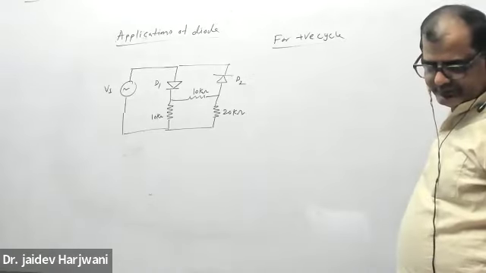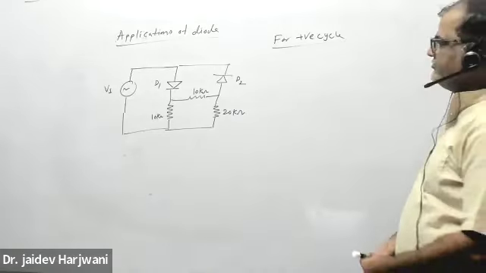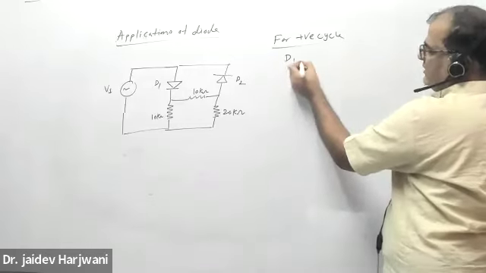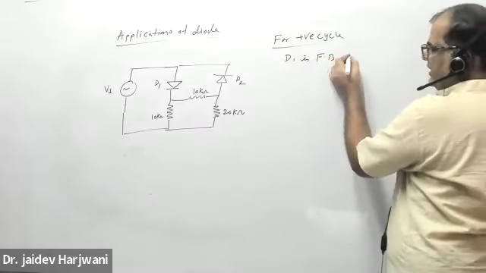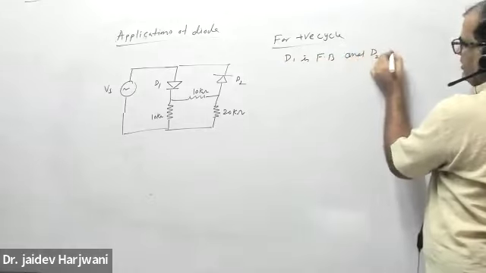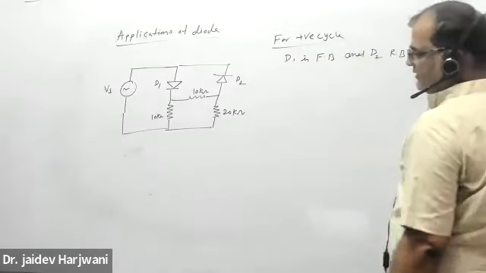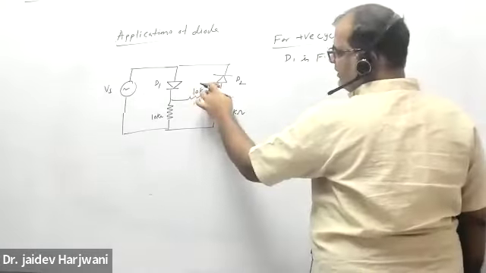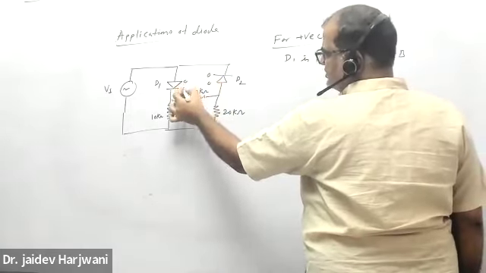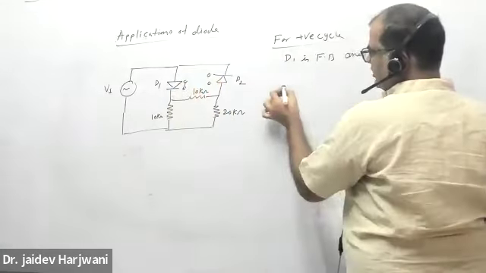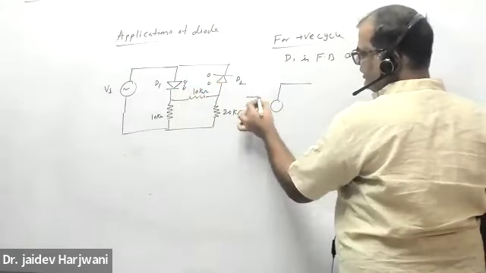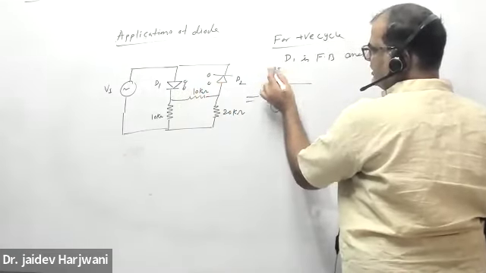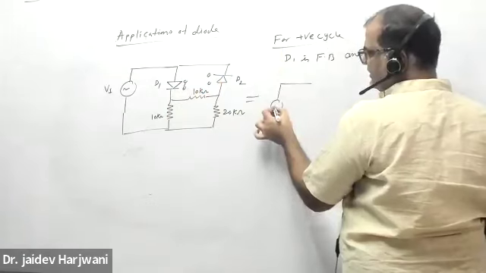So D1 is forward biased and D2 is reverse biased. That means this is a short circuit, this is open, this is open, and this is a short circuit. So for the positive cycle, my equivalent circuit will become like this.